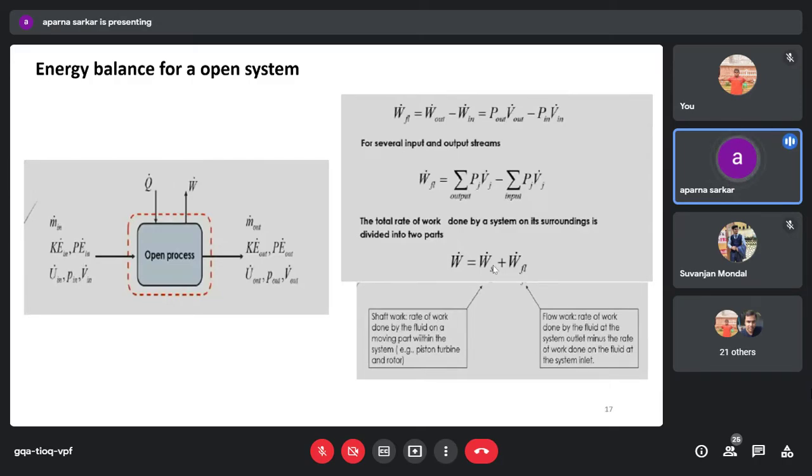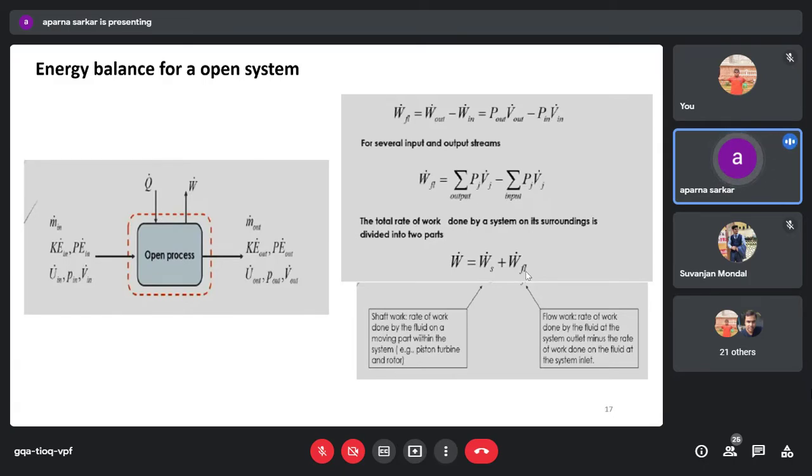So W_S is the shaft work, and what is W_FL or W_F? That is the flow work. It is the rate of work done by the fluid at the system outlet minus the rate of work on the fluid at the system inlet. Okay. So you are giving the pressure, and what happens when this pressure is delivered to the fluid?